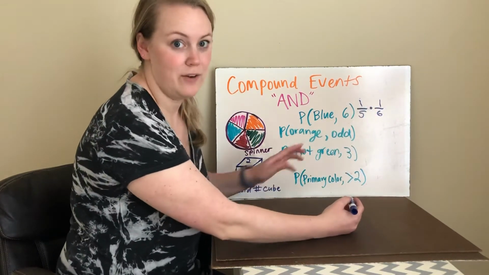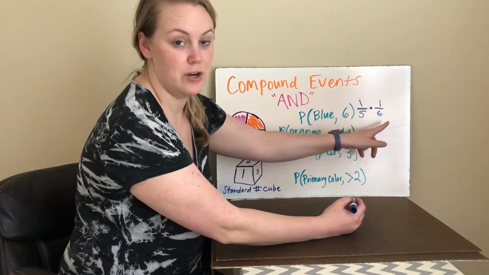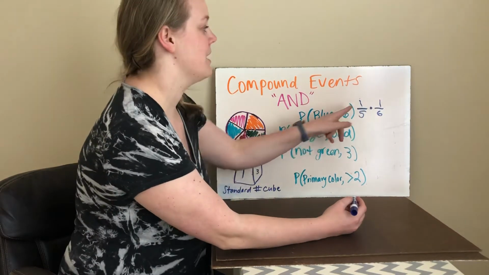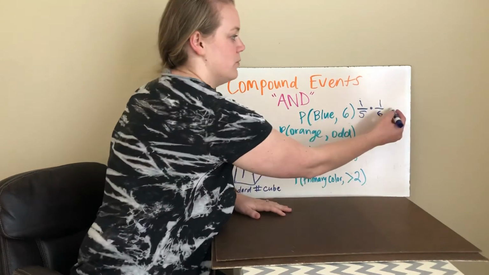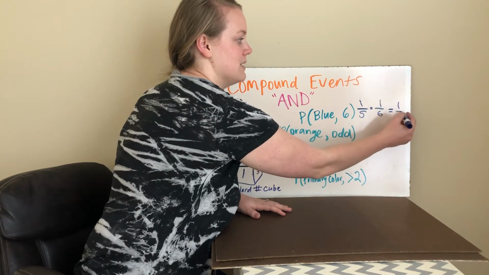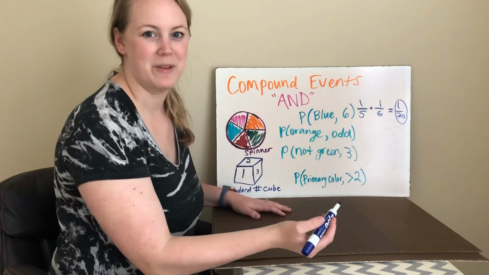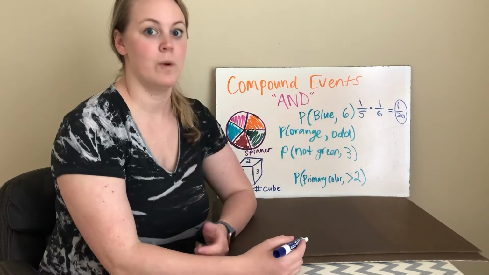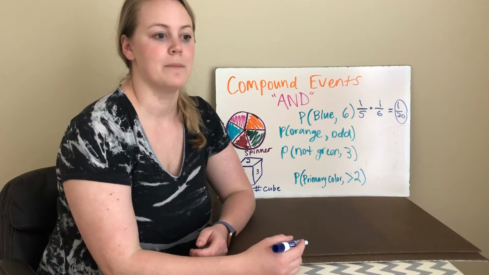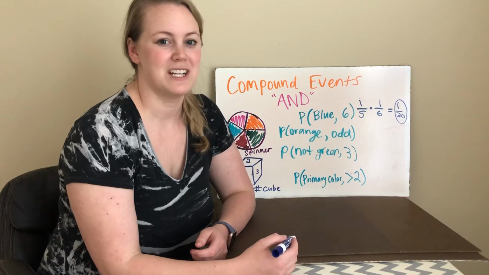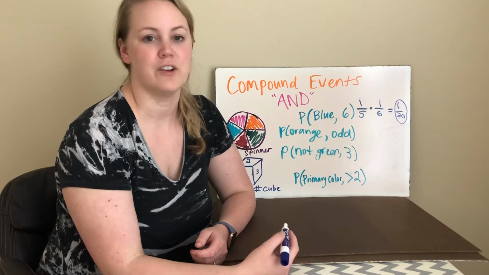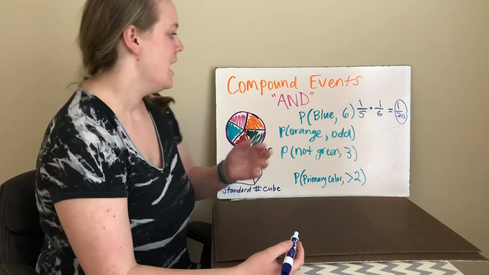When you multiply fractions, you just multiply straight across the numerators and straight across the denominators. So 1 times 1 is 1, and 5 times 6 is 30. Done. That's your probability. Most often, I'm going to want it in fraction form, but you may convert it into a decimal or percent if you're asked to do so otherwise.